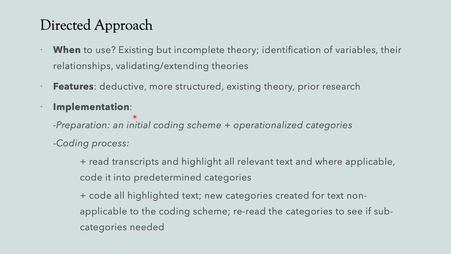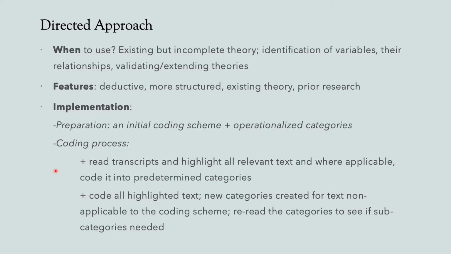For its implementation, at first, for the preparation, we need a coding scheme and our categories predetermined. We can do this based on the theory or based on the findings from previous research. For the coding process, again, we need to read the transcripts and highlight all relevant text.